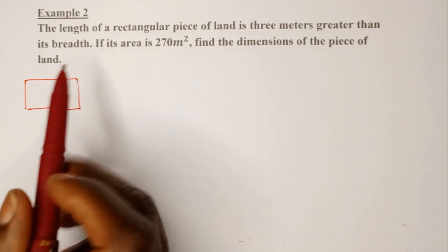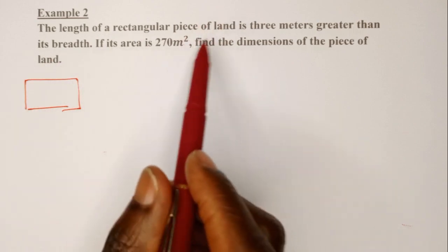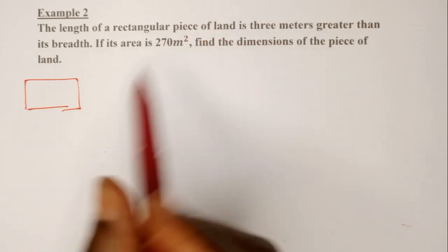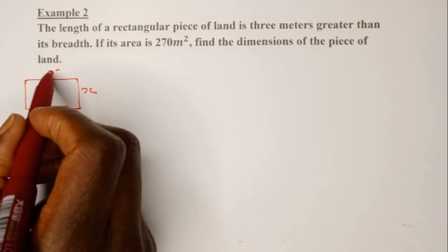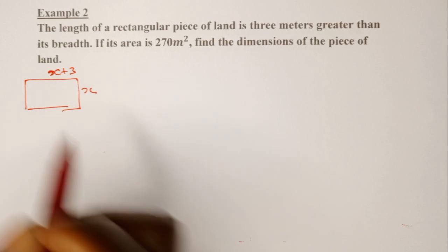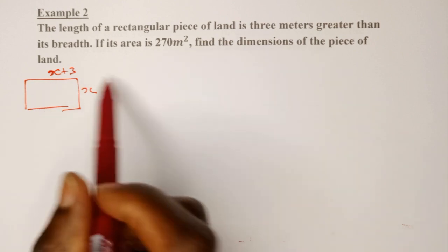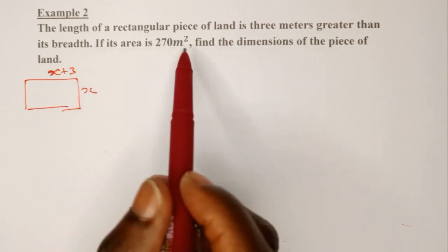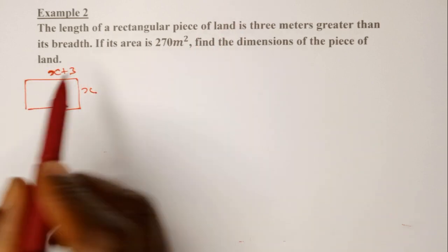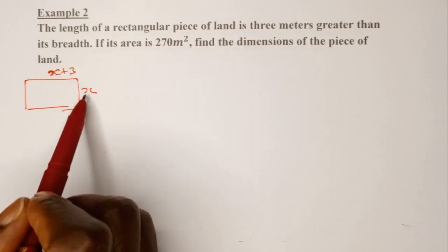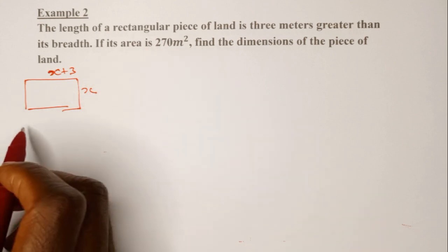So we are told that the length of the rectangular piece of land is 3 meters greater. So if the breadth is x, then the length will be x plus 3, like that one. So we are told that the area of this rectangular piece of land is 270. So if I multiply this length times the breadth, I'm supposed to get 270.